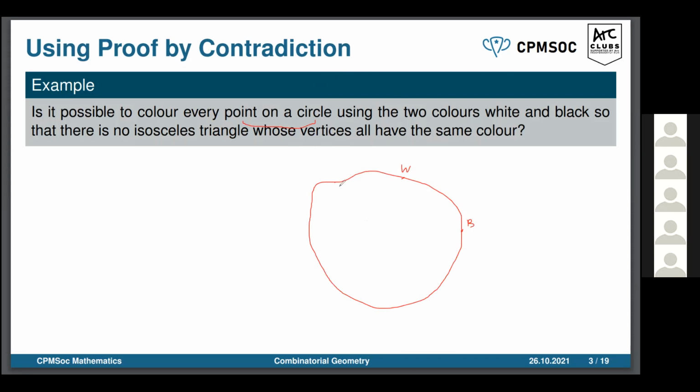So for example, if I draw an isosceles triangle like this, whose points are on the circle, we are not allowed to have all these points being white, or all the points being black. So in all these infinite points which are colored white or black, we must avoid a monochromatic isosceles triangle where all three points are the same color.